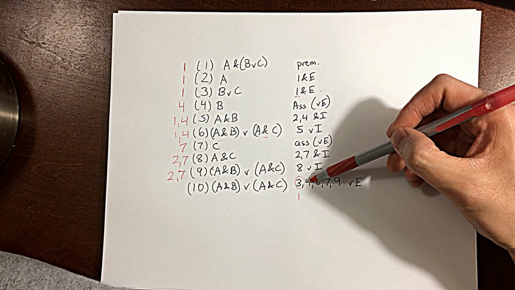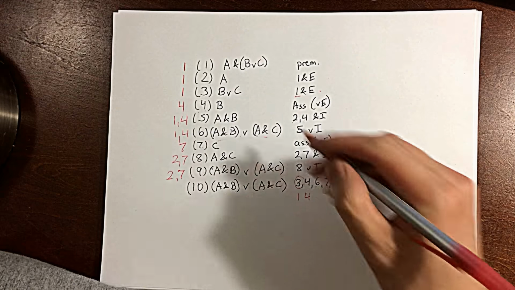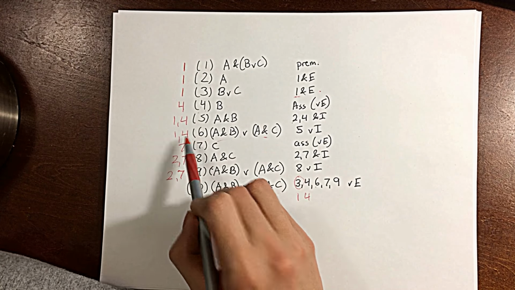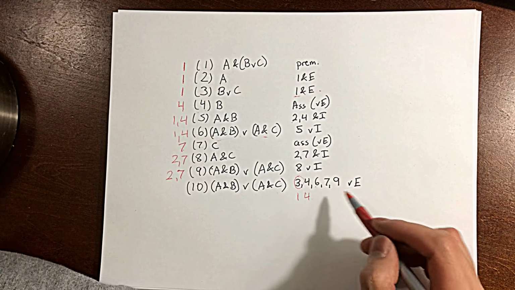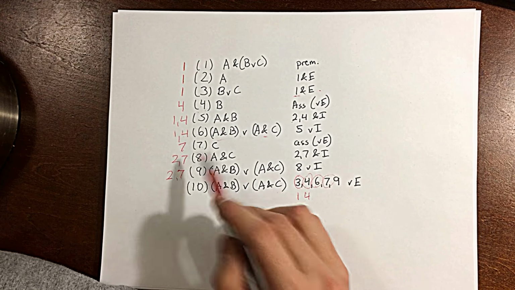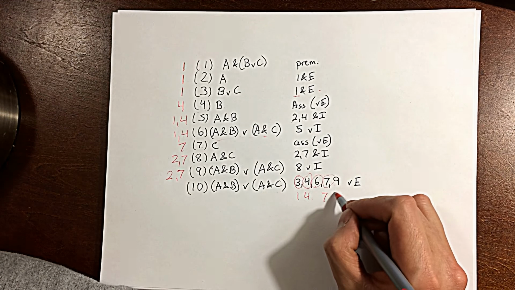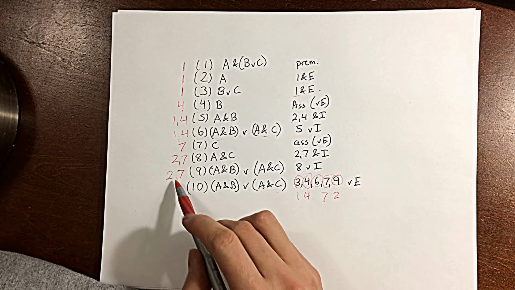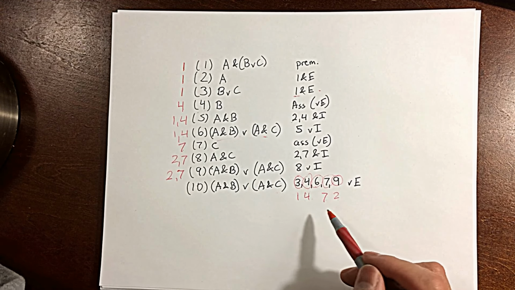On line 4, right, that depended on 4. On 6, it depended on 1 and 4, which we include and don't repeat, so that's the same, right? And then line 7 comes from 7. And line 9, it's from 2 and 7, right? So it should be 1, 4, 7, and 2.